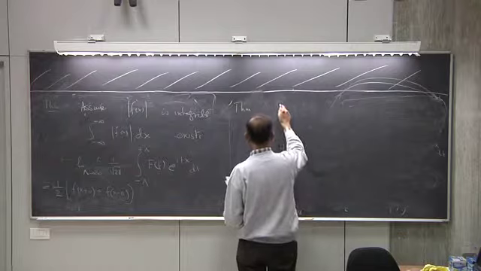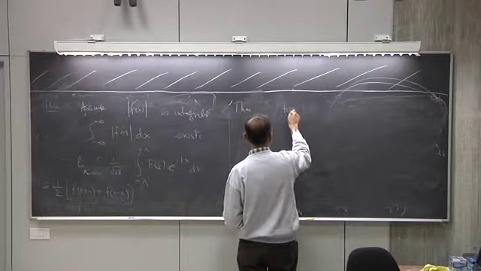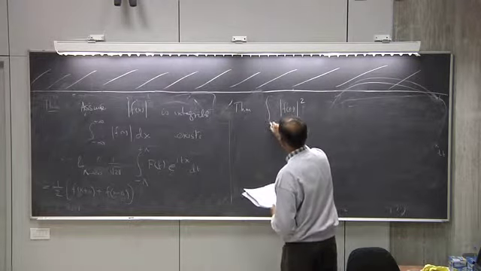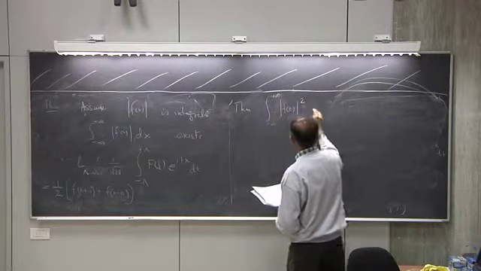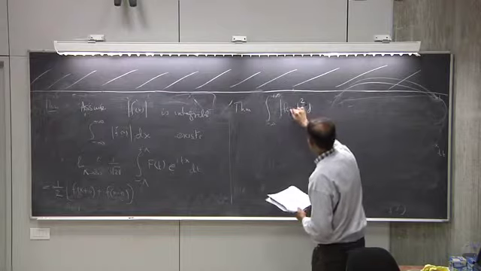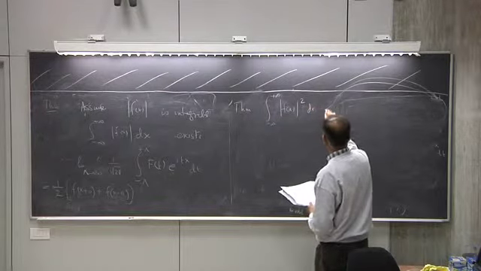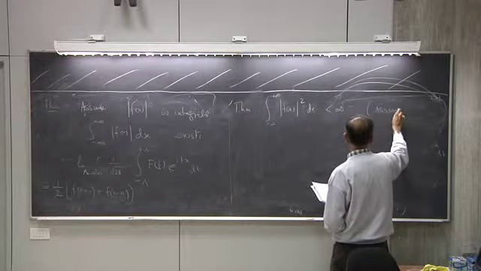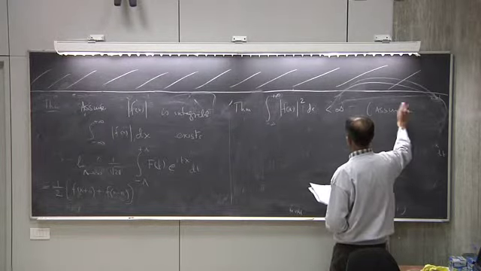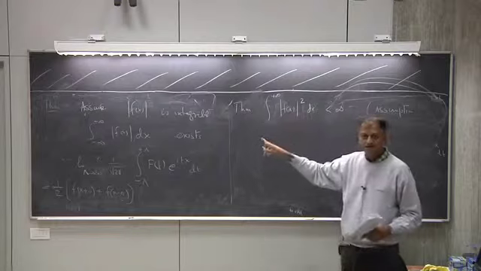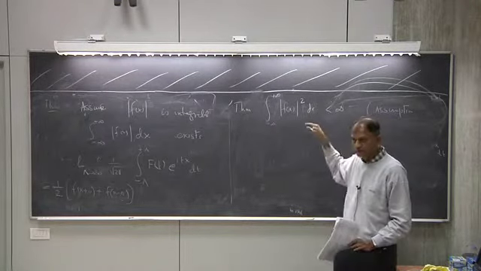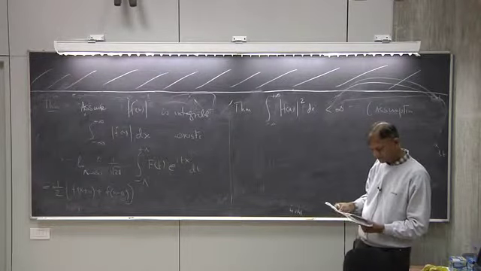Okay, so the second theorem. The assumption is that the mod square of f(x), |f(x)|^2 dx, is integrable. So that's the assumption. That means that f of x is in the L2 space, L2 with the weight function 1.